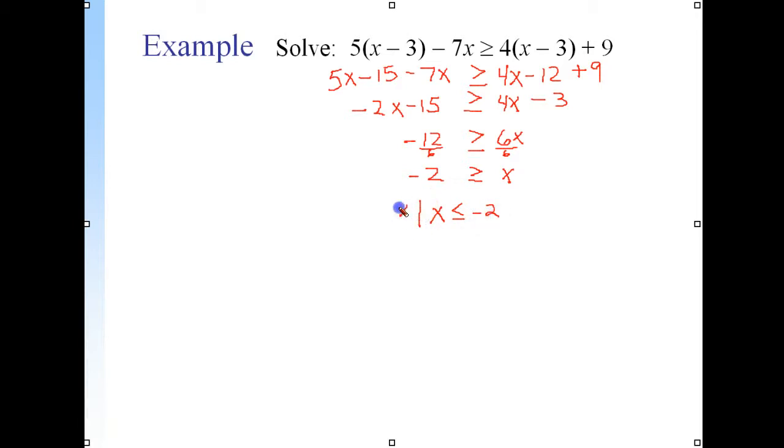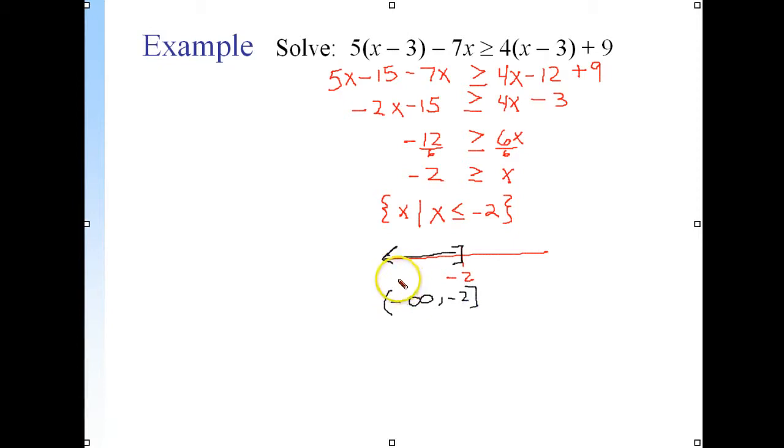Set builder notation, just put an x there, braces. Draw a graph, there's negative 2. We're going to use a bracket because negative 2 is included in the set. There's our graph. And in interval notation, it's coming from negative infinity up to negative 2, and negative 2 is included in the set.